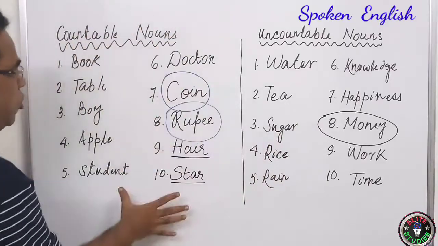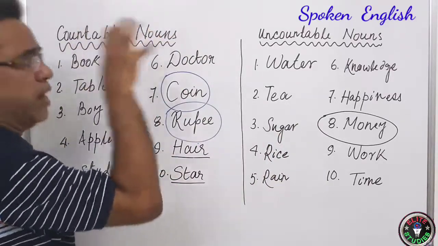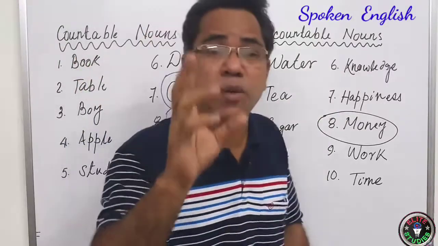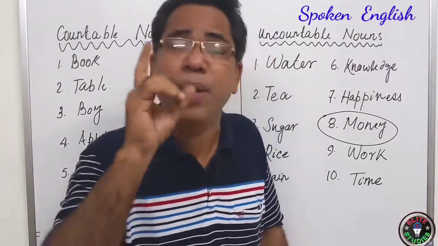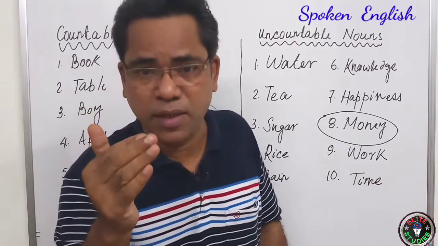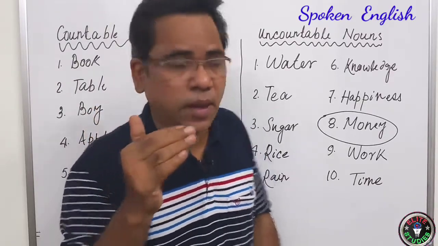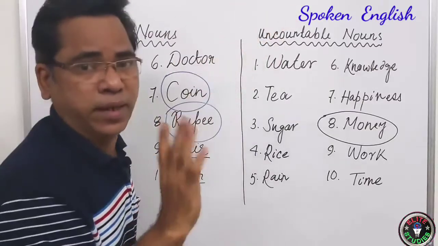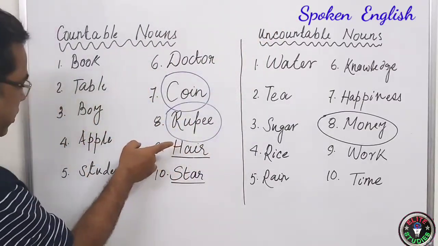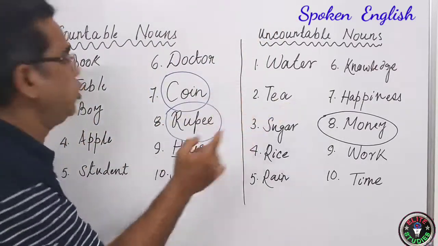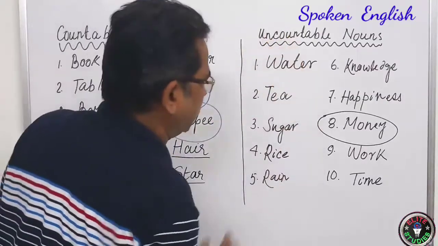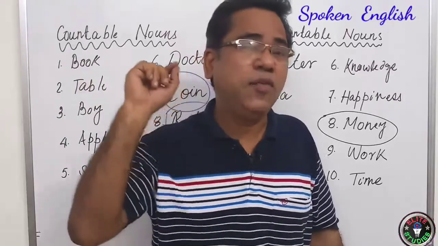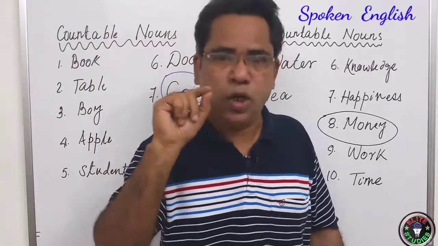Countable nouns take many. How many apples do you have? How many students are present in the classroom today? Clear? Many students. We don't say much students. So these are all countable and these are all uncountable. With this, now I will give you some tips and you please note it down.